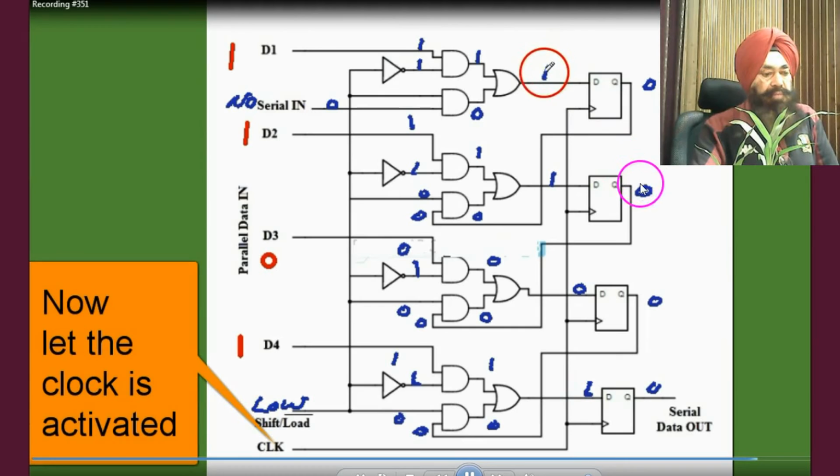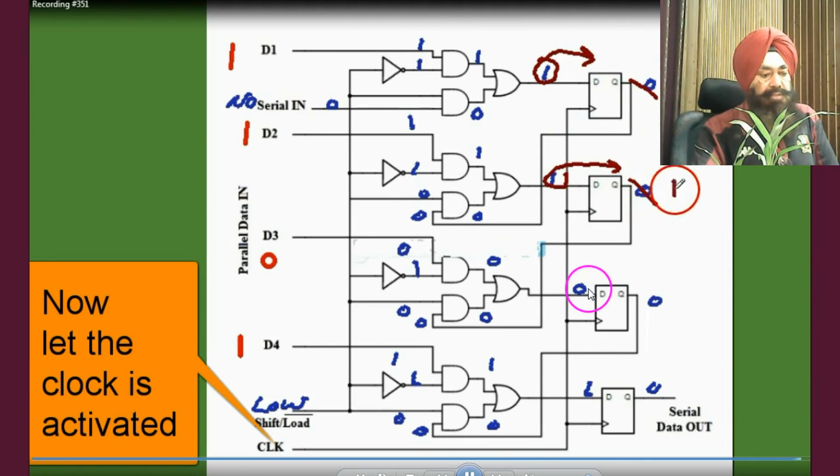Then when the clock pulse is activated, the data will be shifted from this place to this place, this one to here, this one to here.